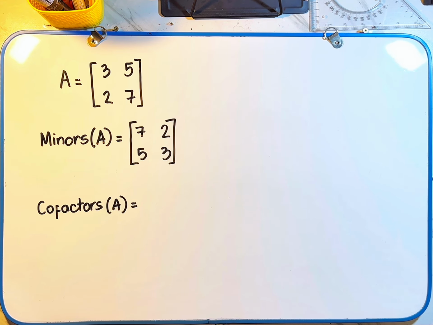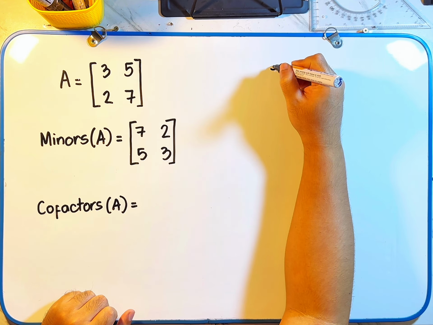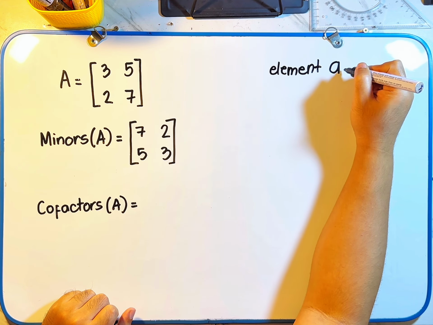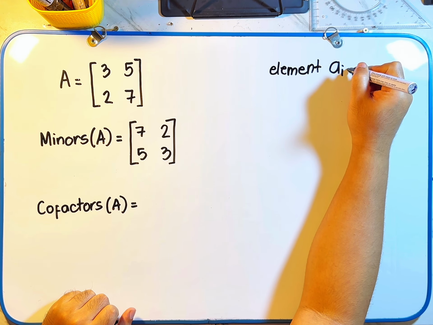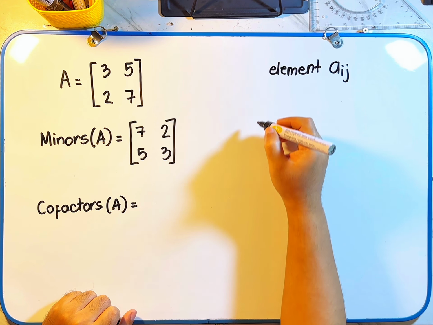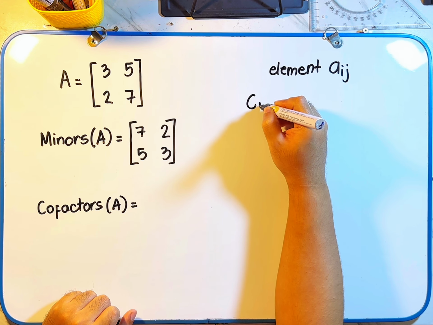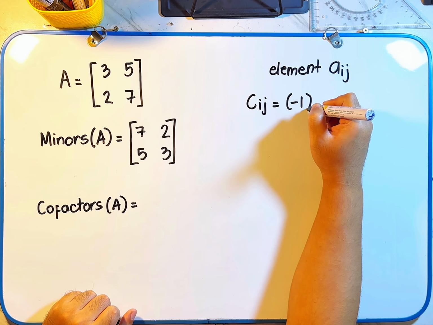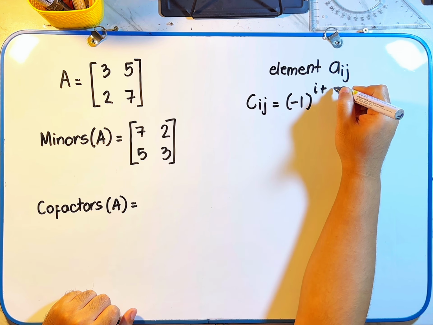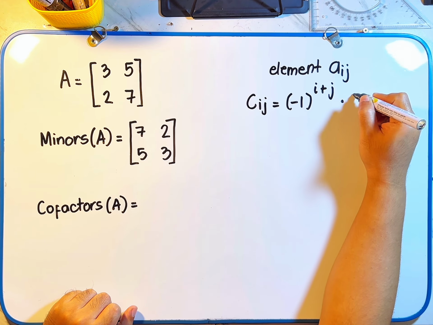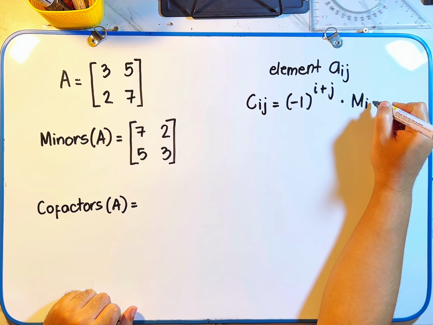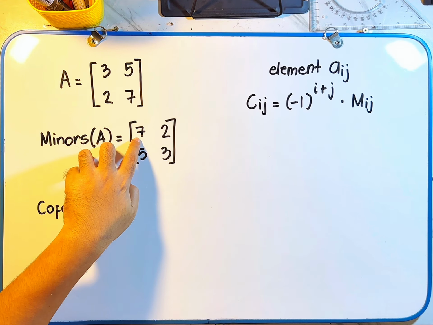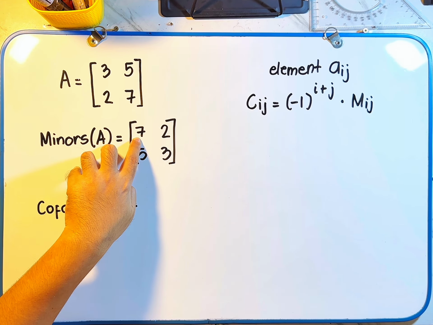The cofactor of an element, so let's say we have an element A in the ith row and jth column, the cofactor is Cij, and this is equal to -1 raised to i plus j, times the corresponding minor, Mij.